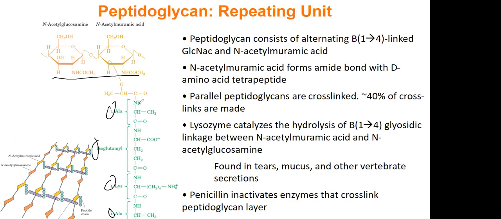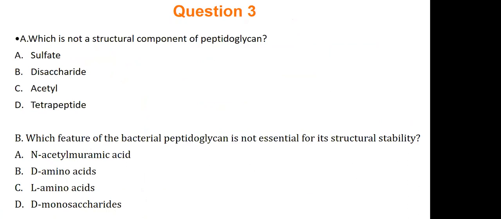We have a disaccharide, and they're not D either. We didn't really go onto that. Yeah, the correct answer for number 2 is D. There's no D monosaccharides in the peptidoglycan layer. Questions about that? Rather straightforward.